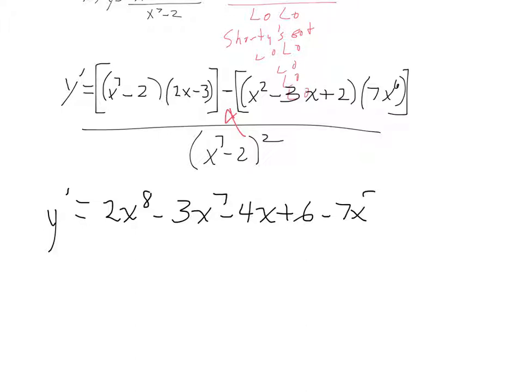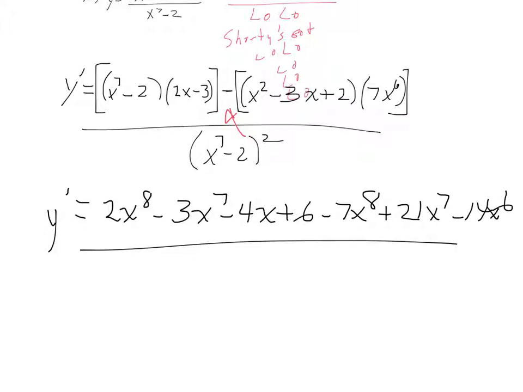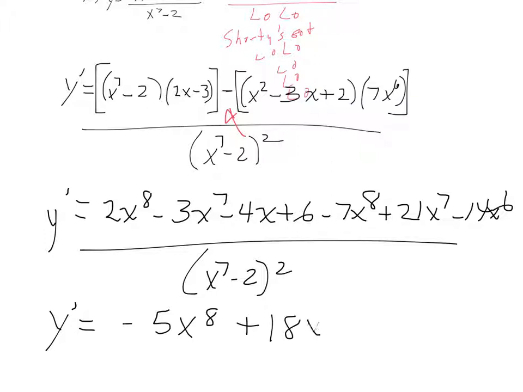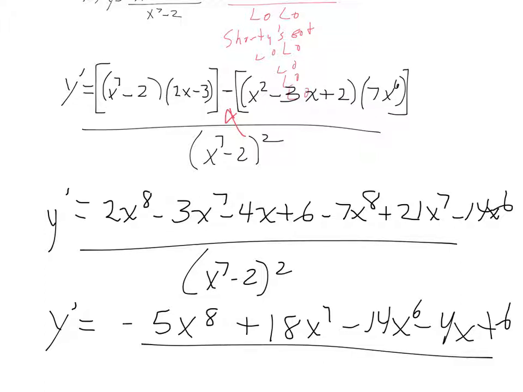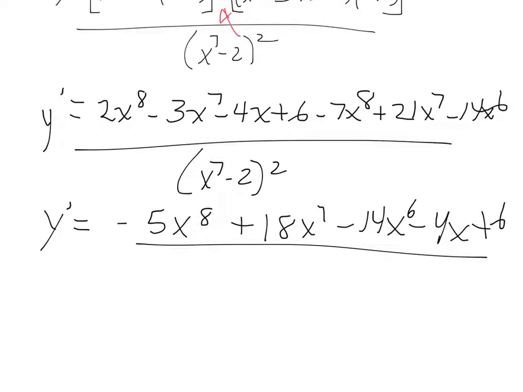So minus 7x to the 8th plus 21x to the 7th minus 14x to the 6th all over that squared. And if you collect like terms, you should get this: 18x to the 7th minus 14x to the 6th minus 4x plus 6 all over that bottom squared.